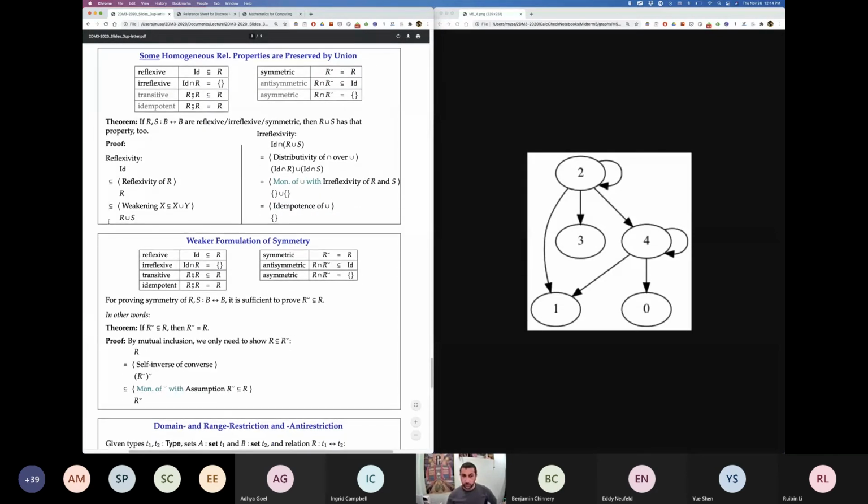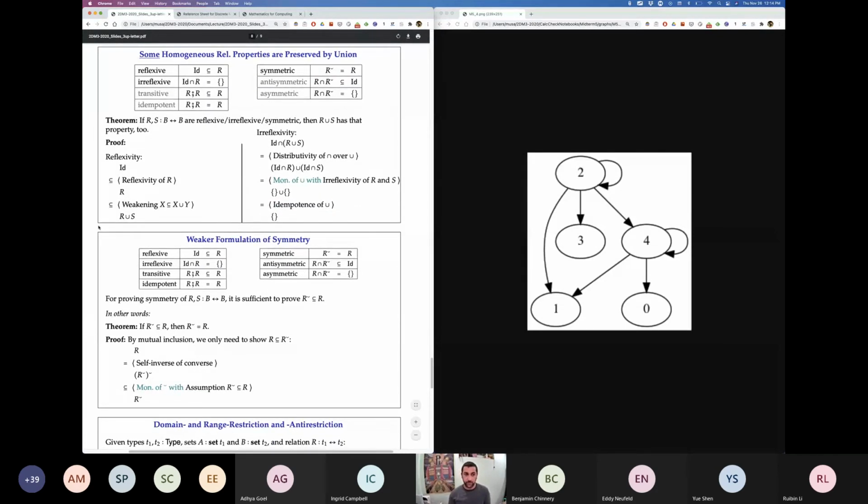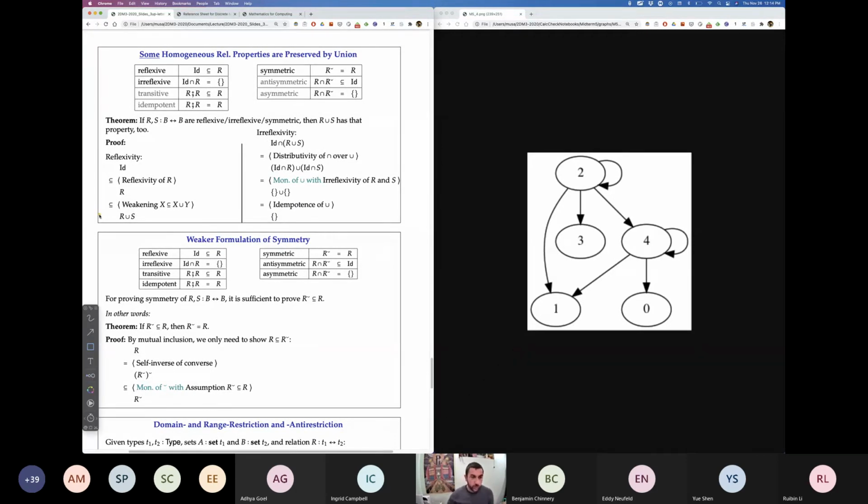So here's a few more properties. Maybe we can talk about them a little bit more. So one of the things that I think some people have a bit of trouble with is when we talk about monotonicity. So we had monotonicity of and, monotonicity of or, and of course union is just like or, and so it's important to remember you can use monotonicity results there.